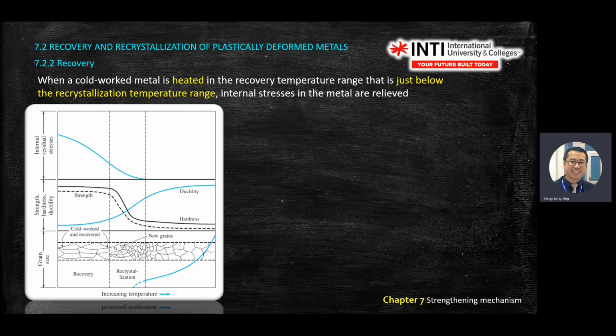It goes back to recovery, meaning no energy, no stress inside the metal. If it goes to recrystallization, you'll see new grains, like chicken pox, which means a stress has already happened inside the structure. On the top graph here, the internal residual stress will decrease.